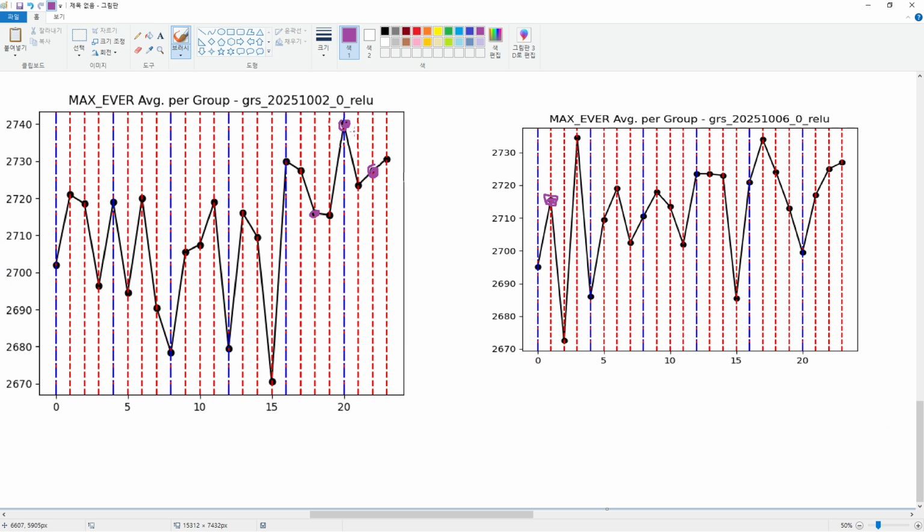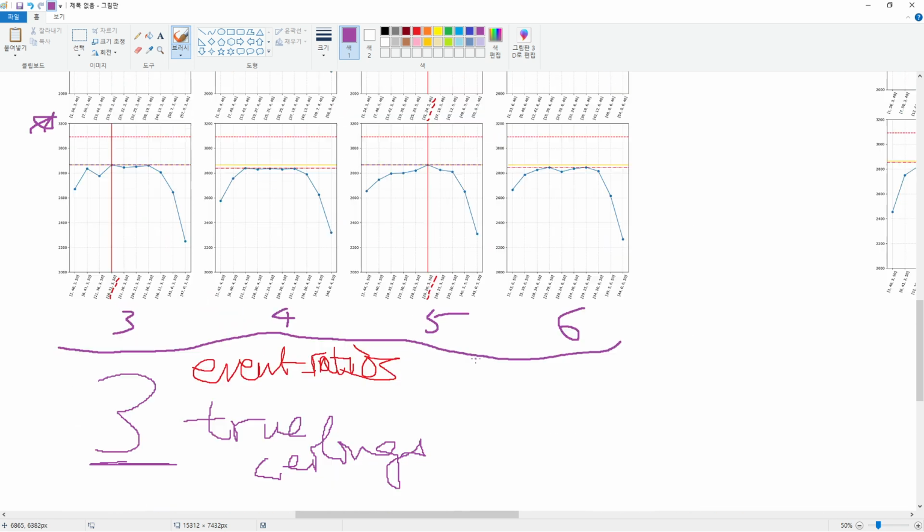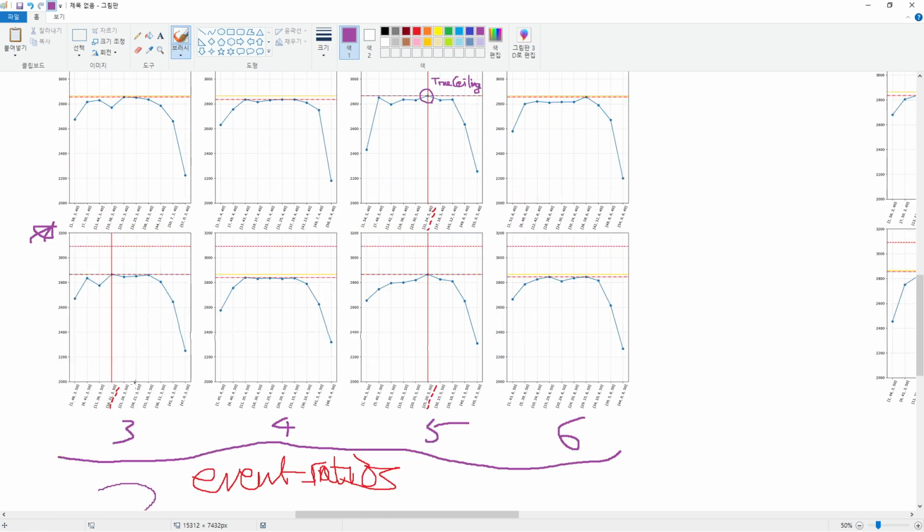So the maximum ever average seems to be highest when the procreate event ratio is lower, because when that happens, the first data point is always high. Well, is almost always higher than the last one.